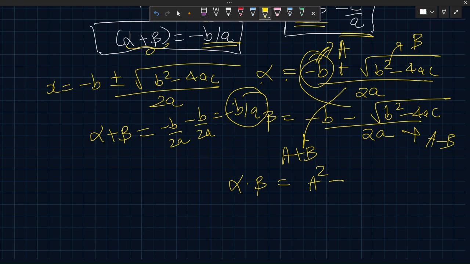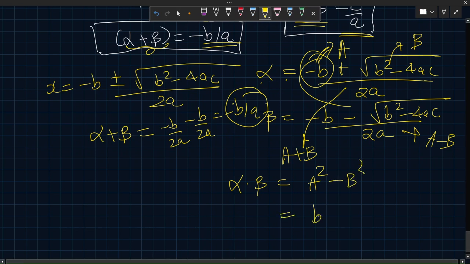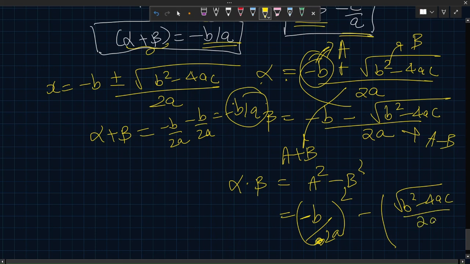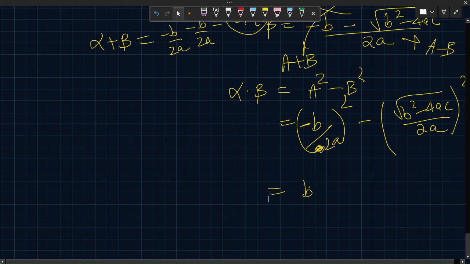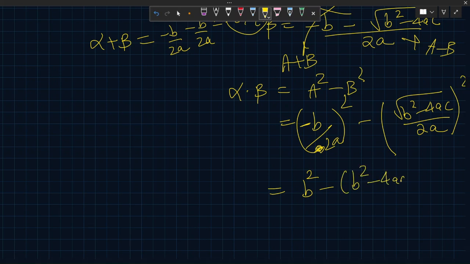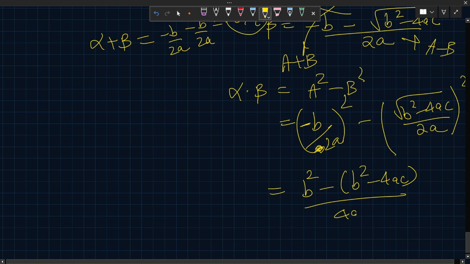So it's just a squared minus b squared, which is (minus b by 2a) the whole squared, minus (square root of b squared minus 4ac by 2a) the whole squared, which means I'll just get b squared, and here I will get minus of (b squared minus 4ac) divided by 4a squared, which is just b squared gets cancelled.